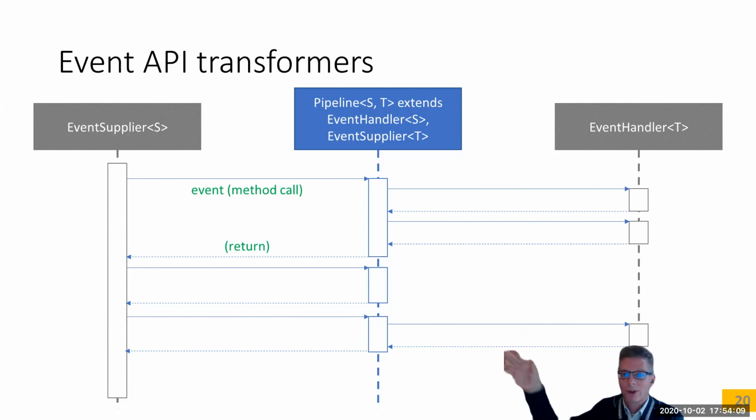There's no one-to-one correspondence. So you can collect a few S events and then produce one T event after a while. So this is also quite powerful. The correspondence between S and T events is not one-to-one, which makes this a very versatile way of handling events.